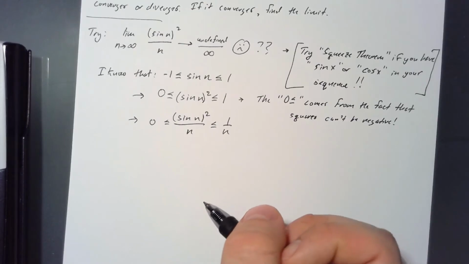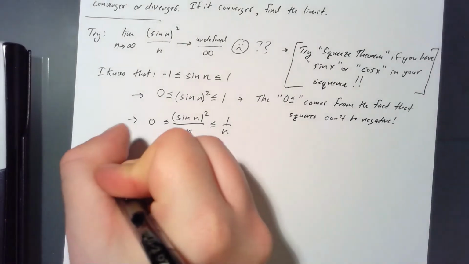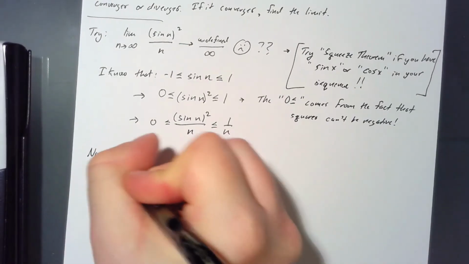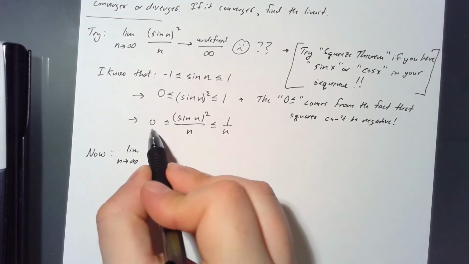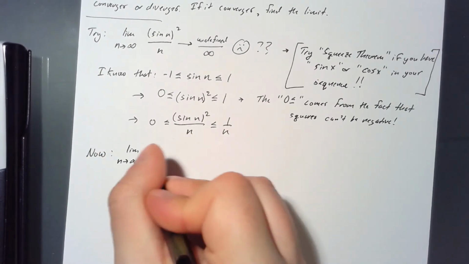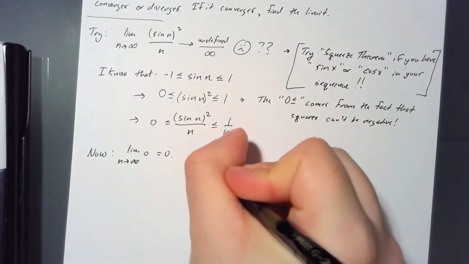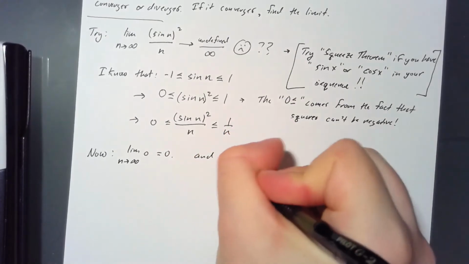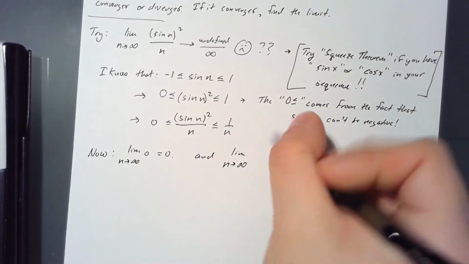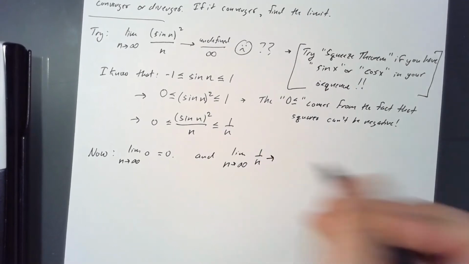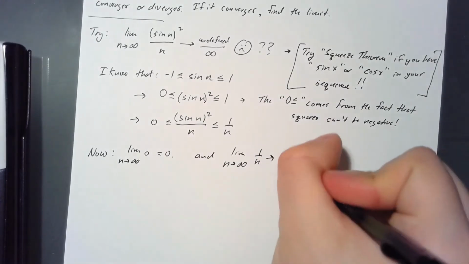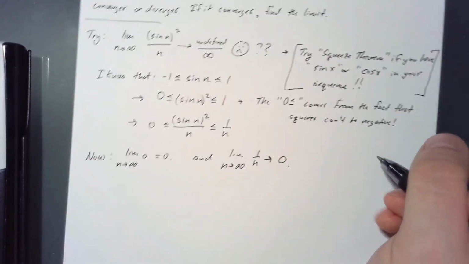Okay. So now the limit as n approaches infinity. Well, the left side, this bound, obviously the limit of 0 is 0. And the limit as n approaches infinity of this, what does that go to? That's 1 over infinity, which obviously goes to 0.